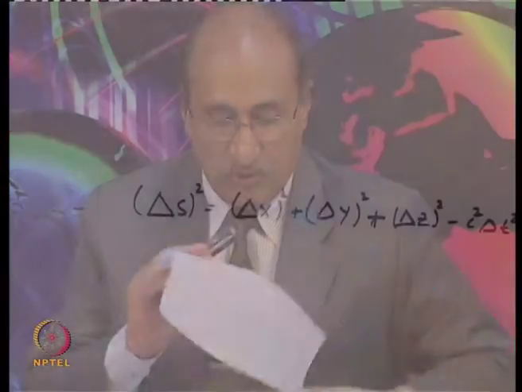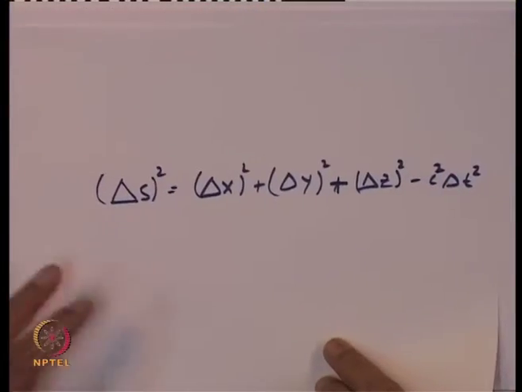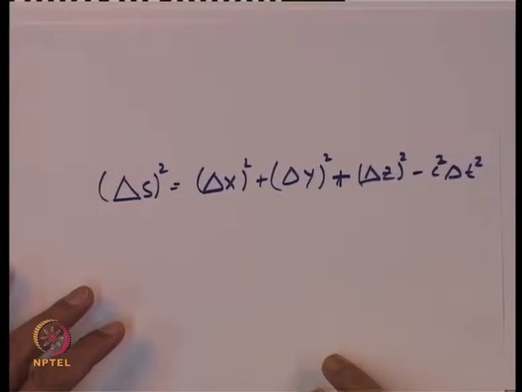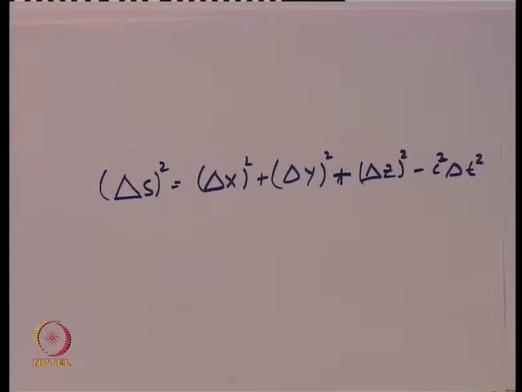That is what we have already defined. Therefore, by the definition, delta S square is equal to delta x square plus delta y square plus delta z square minus c square delta t square.